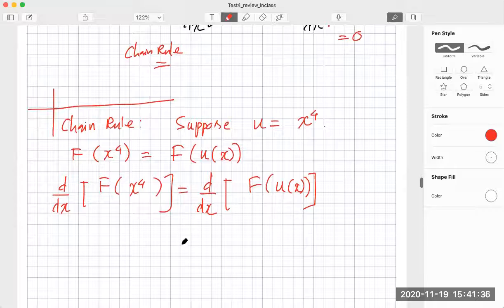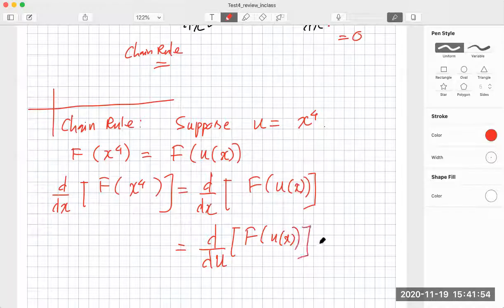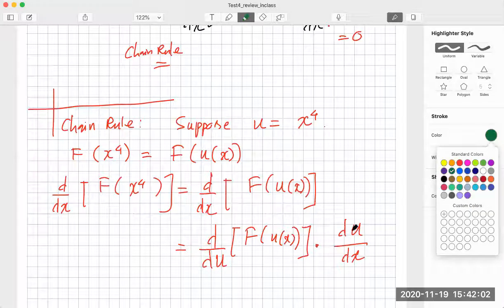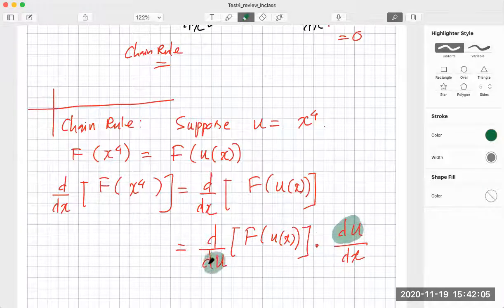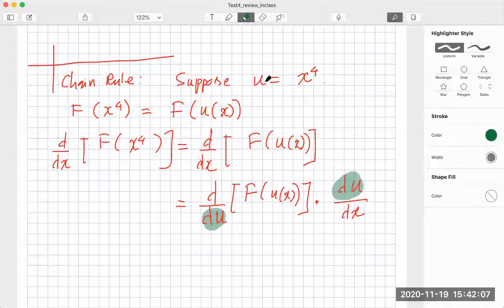Now the chain rule tells us that it would be d over du of f of u times du over dx. This is the chain rule. If you don't remember, this is how we do it.